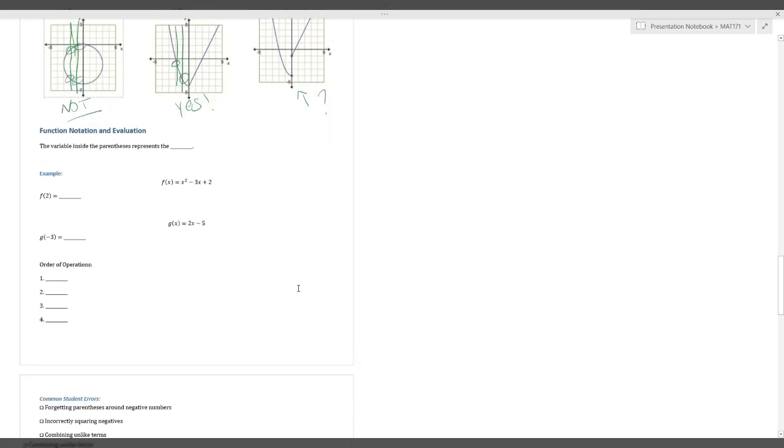And talking about function notation. Function notation is where we see f of x. This variable inside the parentheses represents the input. It does not mean that we are multiplying x by f.